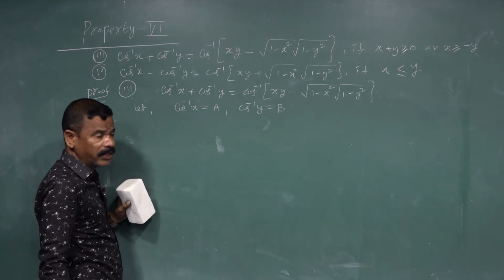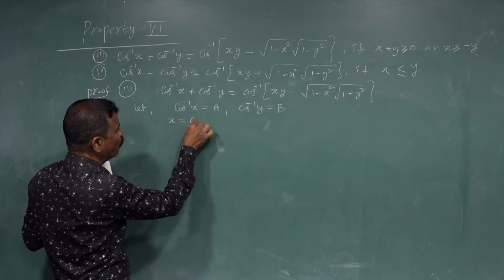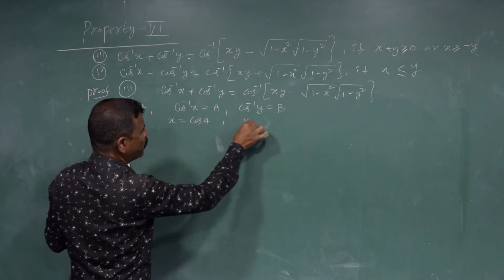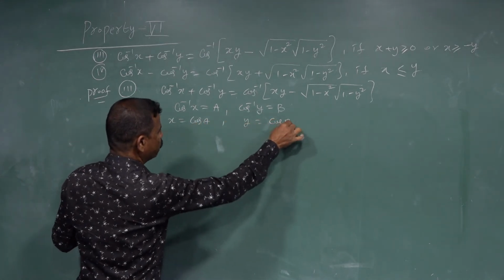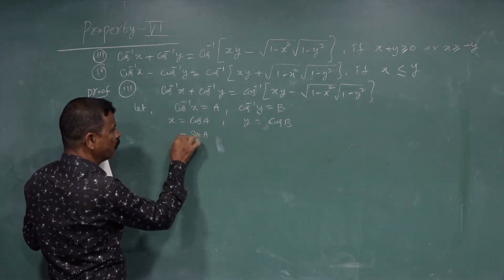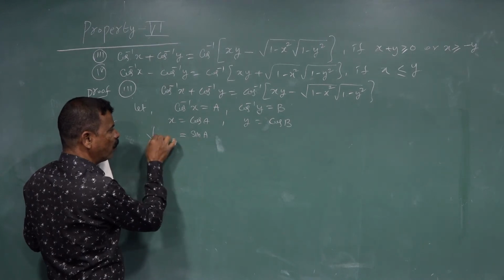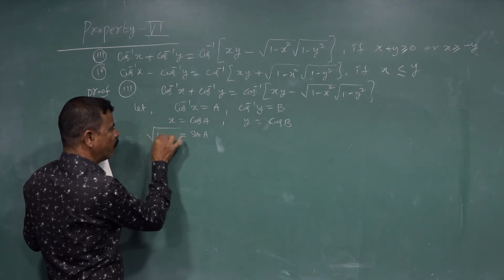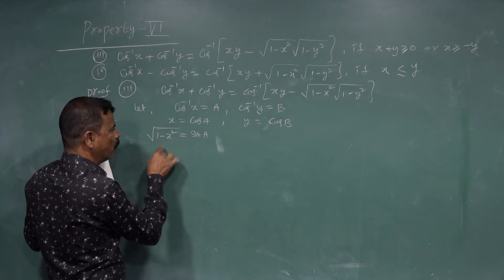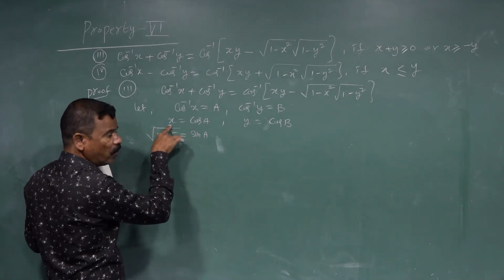So x is equal to cos a, and y is equal to cos b. Then sin a is the square root of 1 minus cos square a, that is, the square root of 1 minus x square.